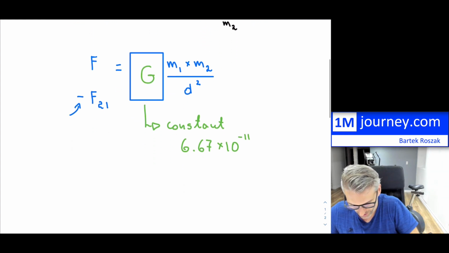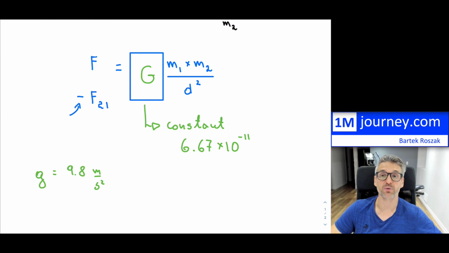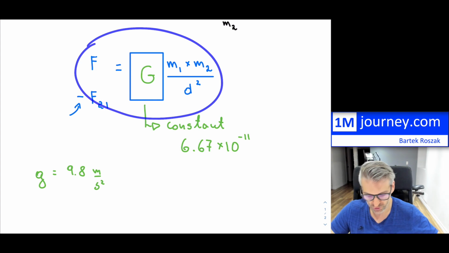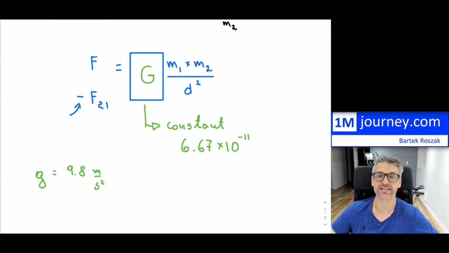And this is where we have our constant g, which is approximately 9.8 meters per second squared. And this you may remember from kinematics, right? So this 9.8 meters per second squared actually does come from this law of gravity, so Newton's law, where one of the masses is Earth itself.